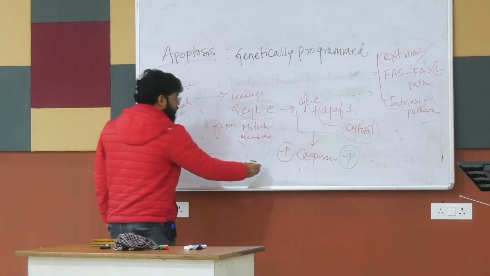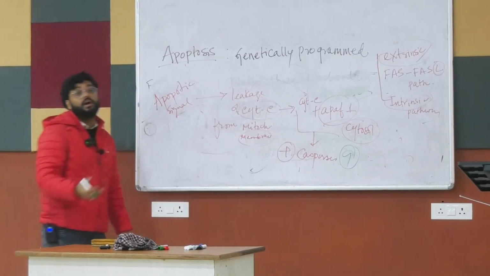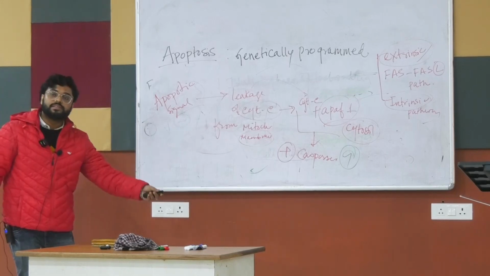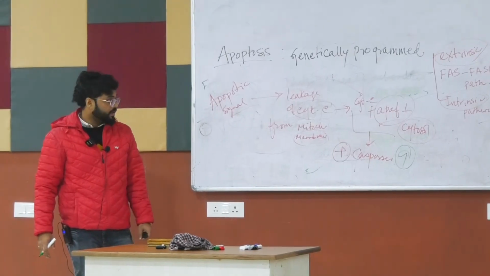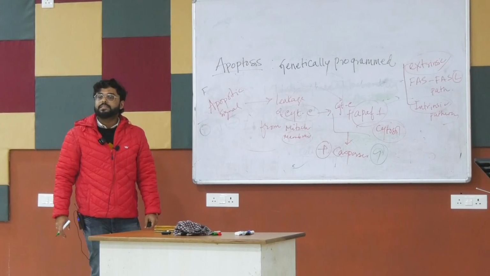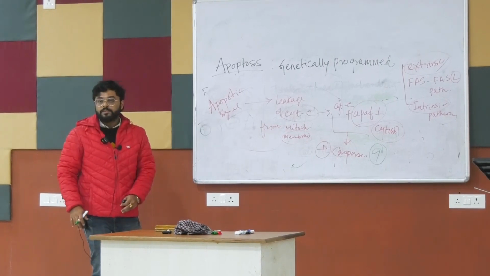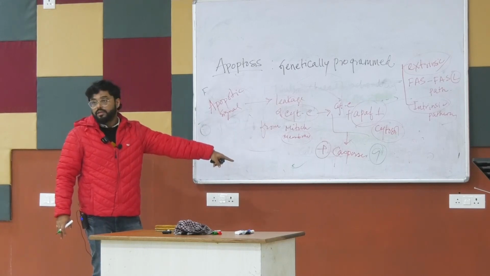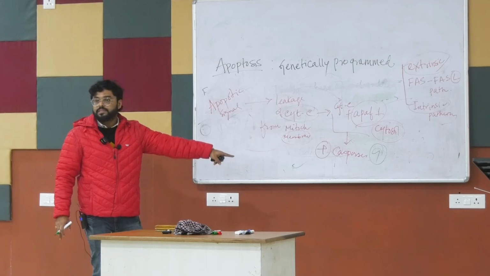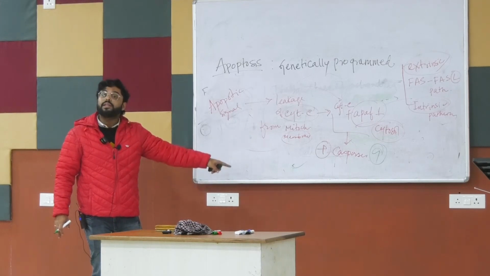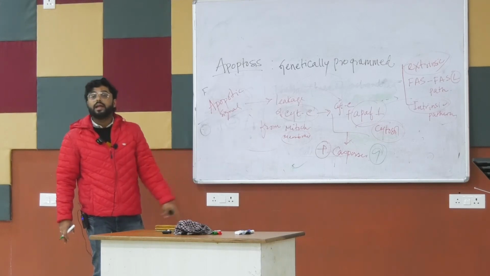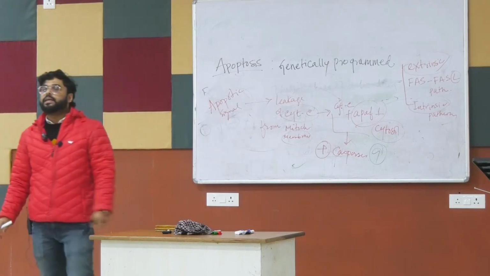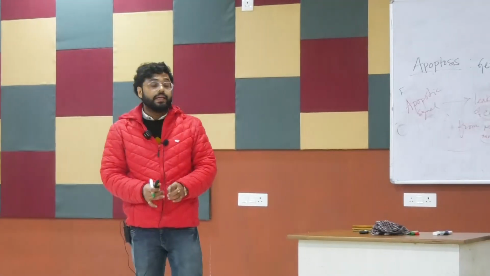Same as I told earlier for the extrinsic pathway, where after the activation of caspases 8 or 10 many caspases are activated downstream, here also, after the activation of caspase 9, many caspases will be activated downstream, and that will cause the initiation of the intrinsic type of pathway of apoptosis.